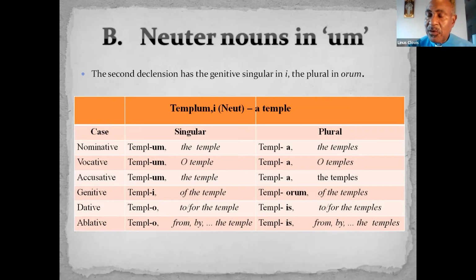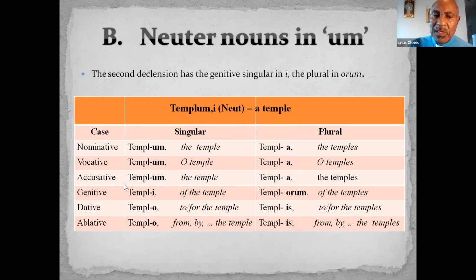And for neuter nouns, this is always going to be true, whichever declension the neuter noun is in. Well, there are no neuters in the first, so it would be for the second, third, fourth, and fifth. So the plural of the nominative, vocative, and accusative will always be the same. The plurals will be a.